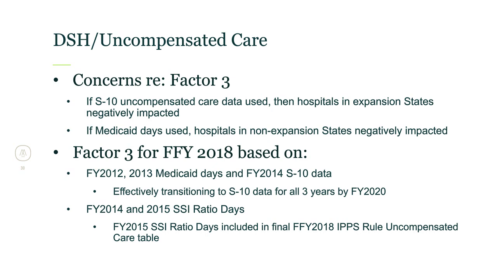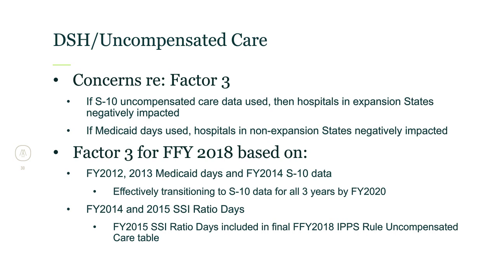Nevertheless, federal fiscal year 2018's Factor 3 will be based upon an averaging of Medicaid days from 2012 and 2013, SSI ratio days from 2014 and 15, and worksheet S10 data from 2014. Hospitals should expect to see worksheet S10 fully transitioned by federal fiscal year 2020.